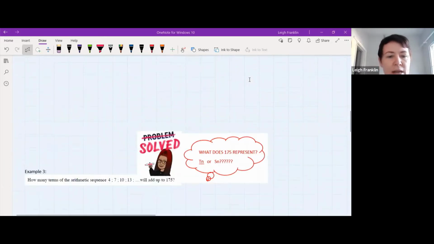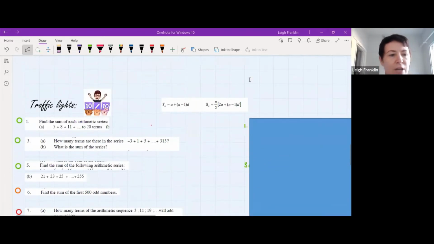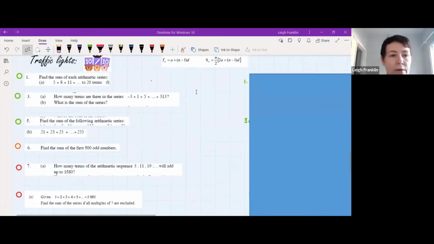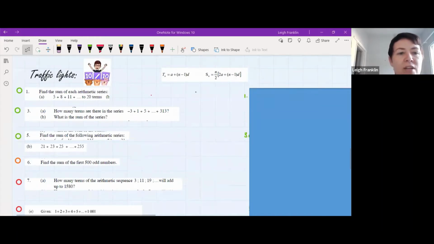Okay, so now it's time for you guys to try one. Here is the first traffic light. I'm talking specifically about question number 1. All right, so let's try that. We're going to give you 3 minutes. So this question over here that I'm busy coloring in, let's do that. 3 minutes from now, it's 11 minutes past 5.